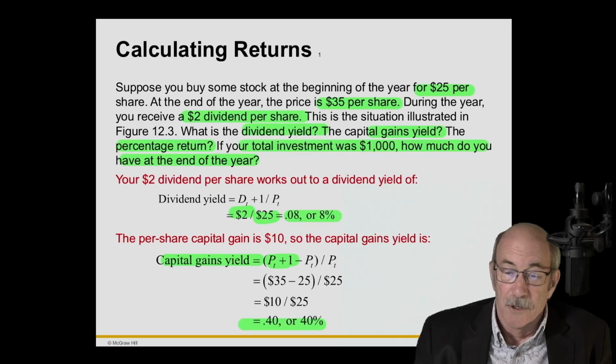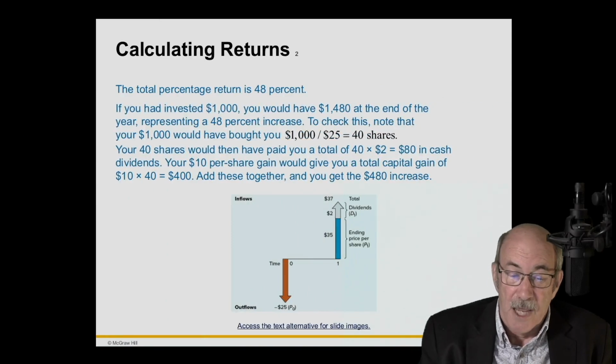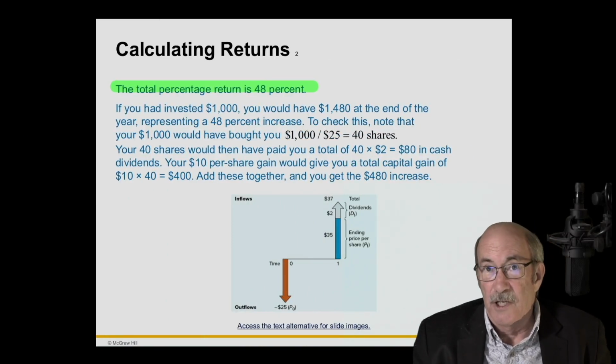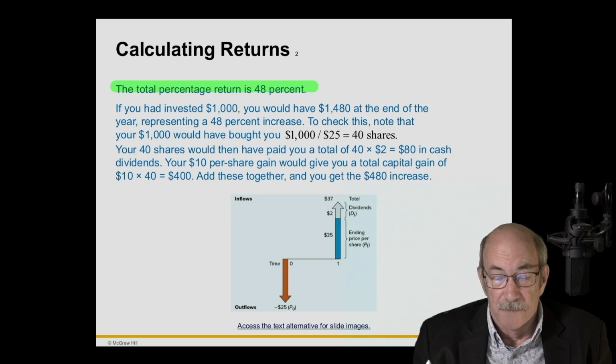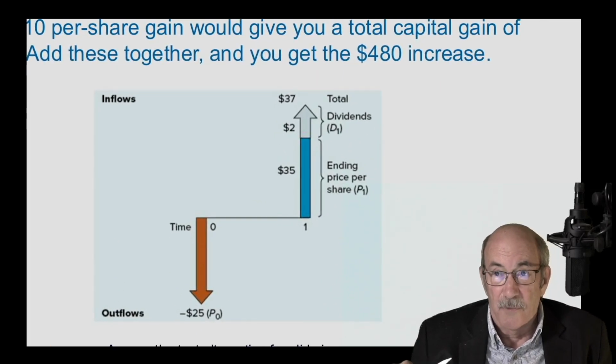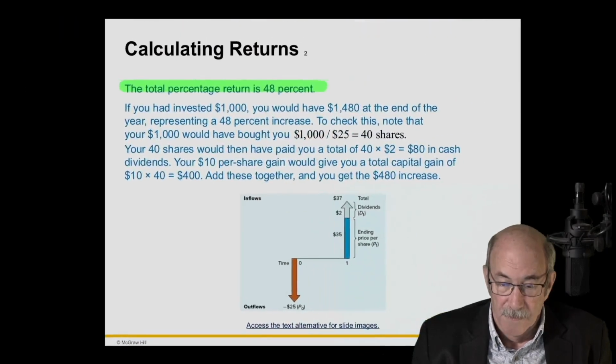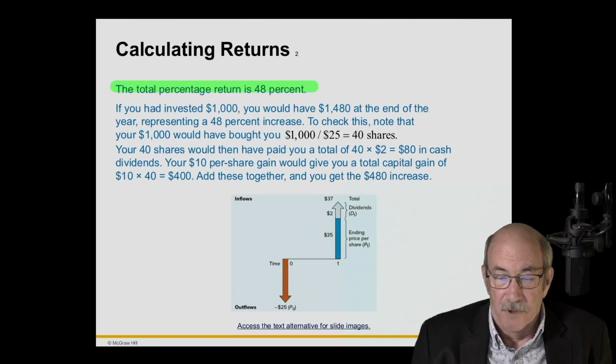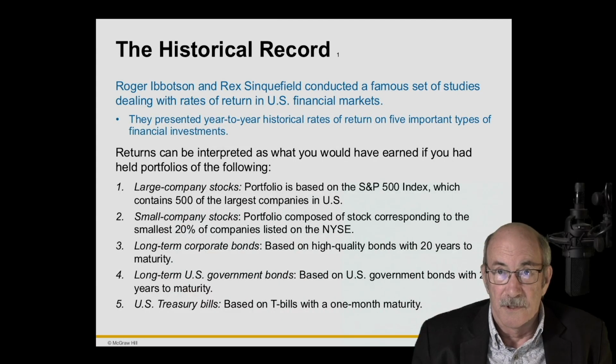So together, we have a 48% return. That's the dividend yield plus the cap gains yield. And again, graphically, this is what we end up with. Hopefully that's relatively clear-cut and simple.